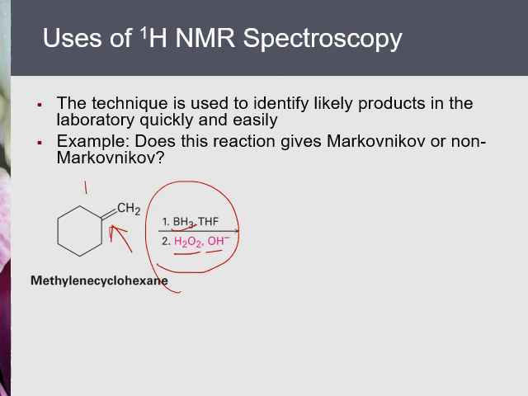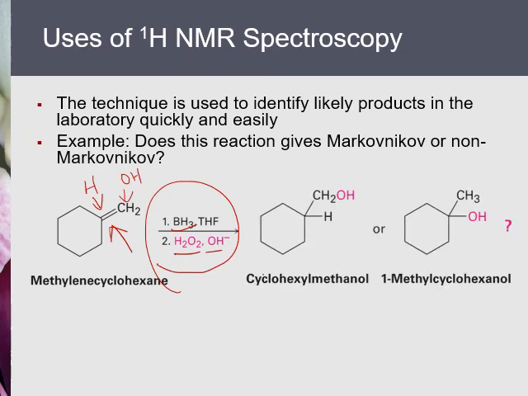So hydrogen goes to the carbon that has the least hydrogens, and hydroxide goes to the carbon that has the most hydrogens. Therefore, the first compound should be the theoretically predicted product. The question now is, can we use proton NMR to confirm this is the product? Or is it possible to form the second product?